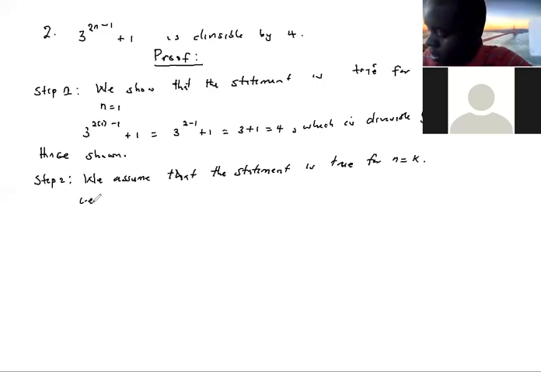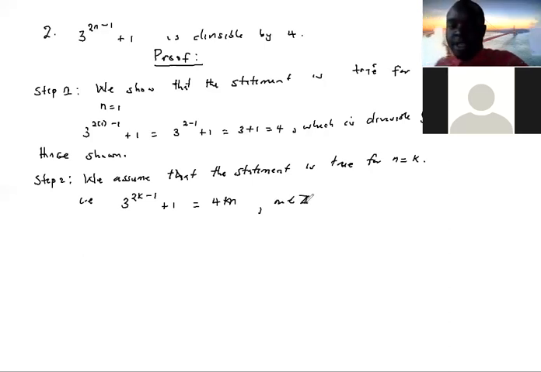That is 3^(2k minus 1) plus 1 is equal to 4m. So suppose we put 4m here, where m is an integer. It shouldn't be positive, it can be a negative integer, it's fine.